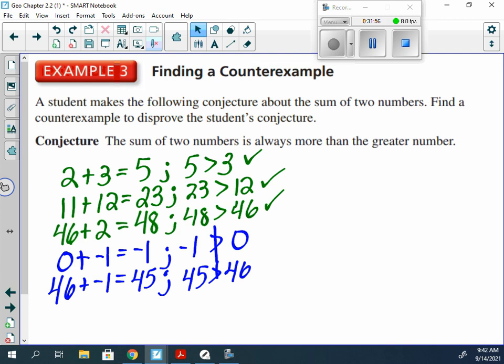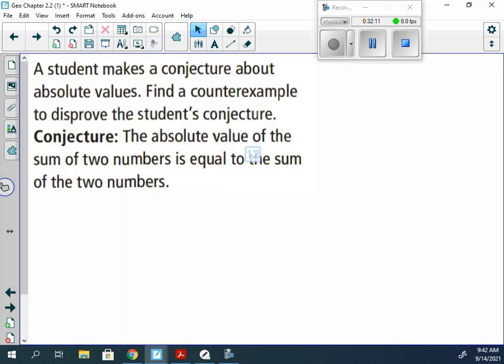We would say the sum of two natural numbers, or the sum of two positive numbers, because 0 is neither positive nor negative. Do you all get that? Because 0 is not a positive number or a negative number. It doesn't fall into either category.